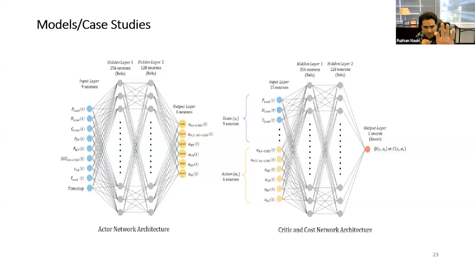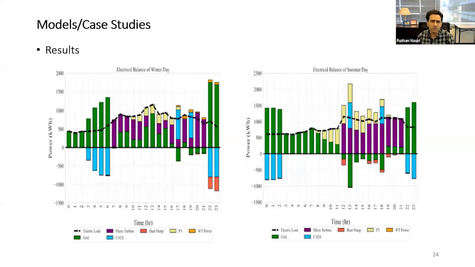Whatever action is happening at any particular stage, which is a particular hour, in the next stage also will be joining the existing state, providing input for the next layer, and that is going to continue. So this transition is going to be done every period. That is what we see at the end in terms of results.